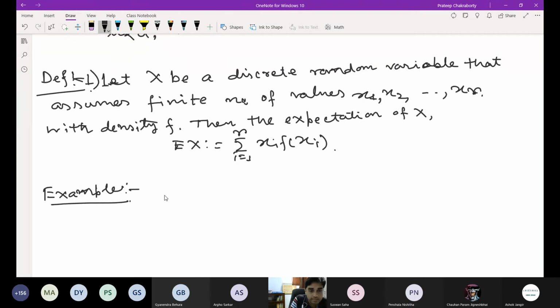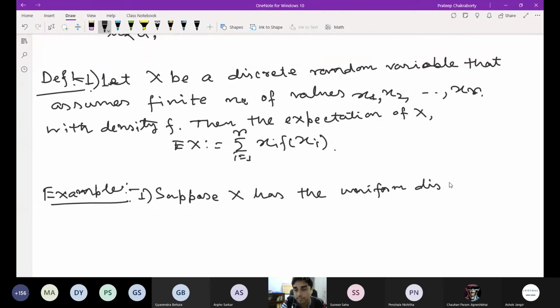Suppose x has, so this is the discrete case, the discrete uniform density on x1 to xr.